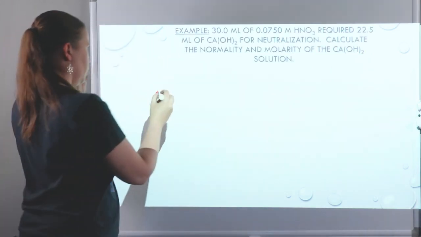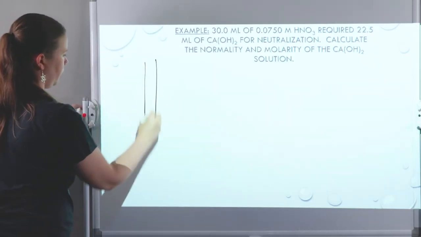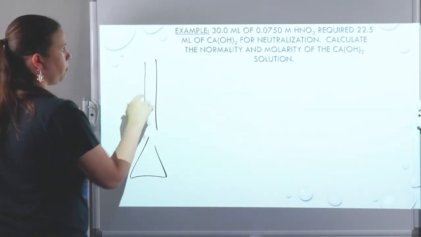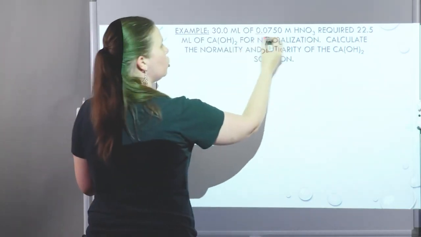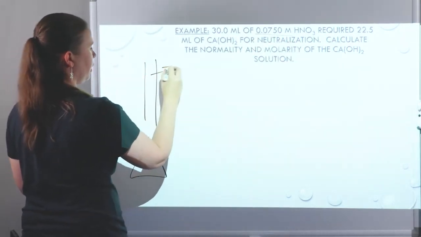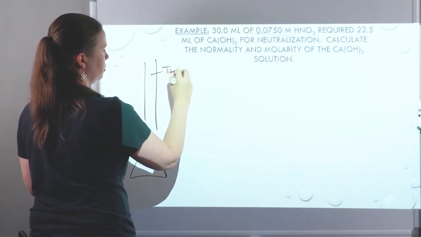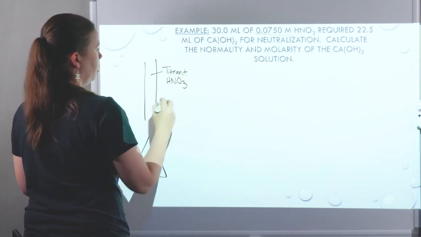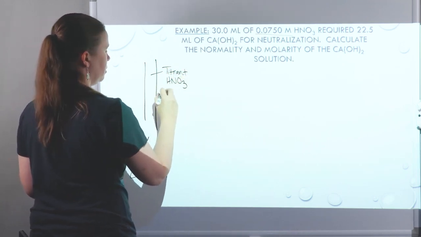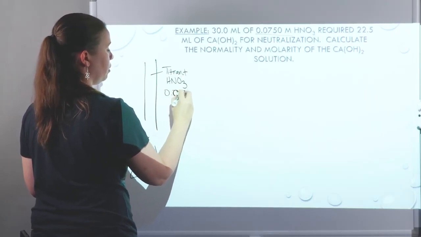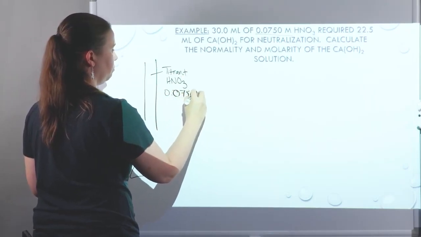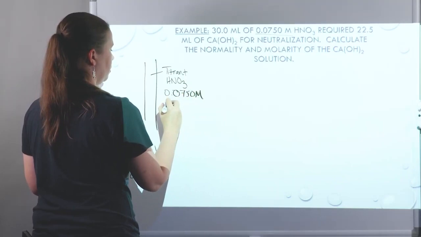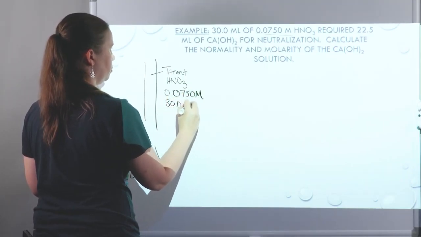So I'm going to use my little diagram to keep me organized here. When I see that I know the concentration, I know I have my titrant, which in this case is the HNO3. What I know about my titrant is that it has a concentration of 0.0750 molarity, and that there are 30 milliliters of it.